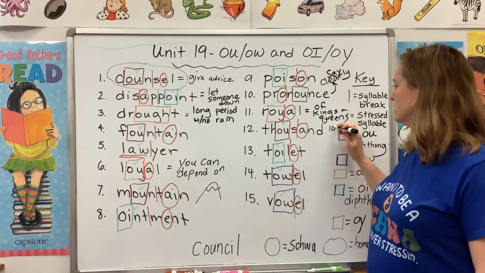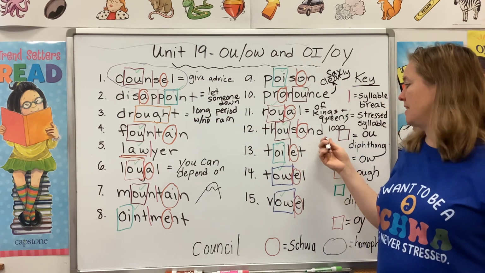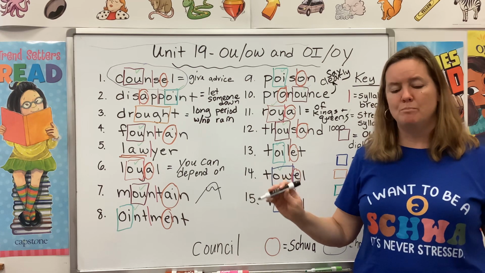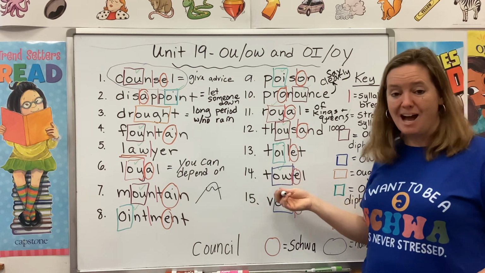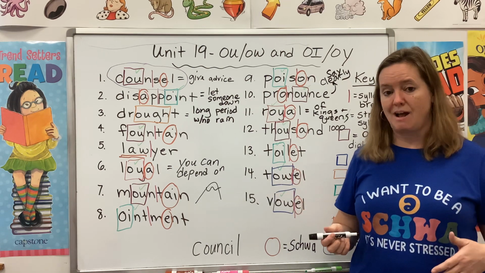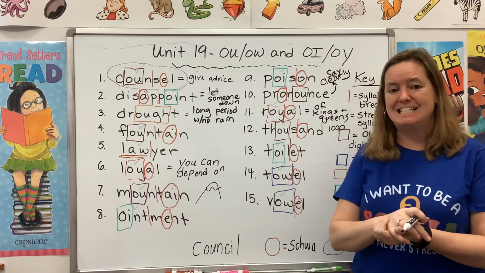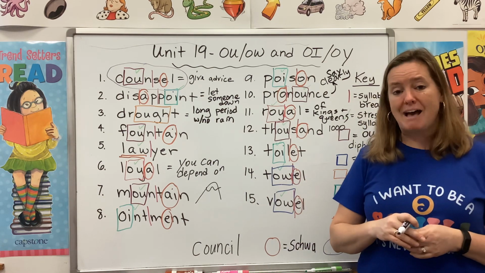Thousand, you know, is if you have 10 hundreds, that will make 1,000. Toilet, we all know what a toilet is, right? People use the toilet when they have to pee. A towel is something you use to dry off. So if you wash your hands, you might dry them on a hand towel. If you take a shower, you're going to dry off on a big bath towel.